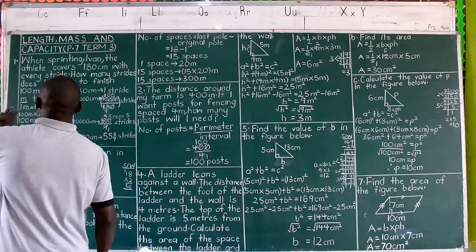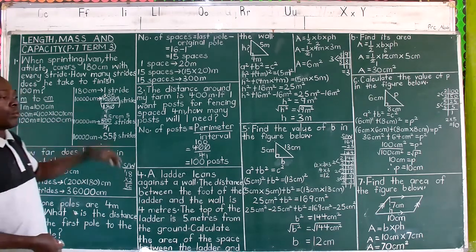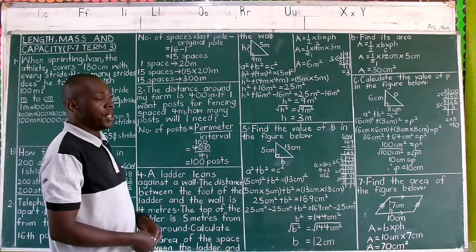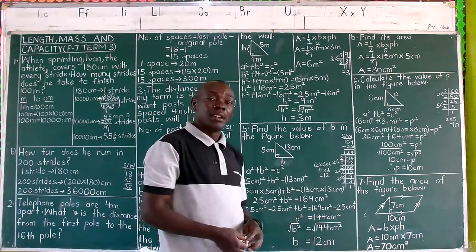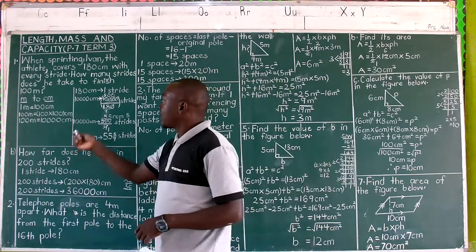Number 1 reads: when sprinting, Ivan the athlete covers 180 centimeters with every stride. Then the question is, how many strides does it take to finish this 100 meter sprint?